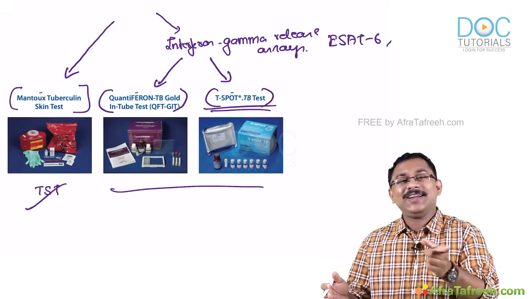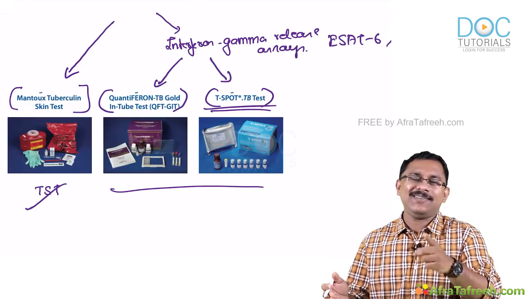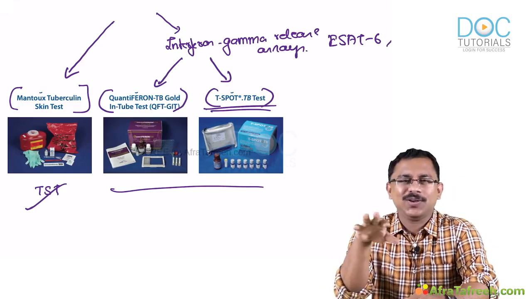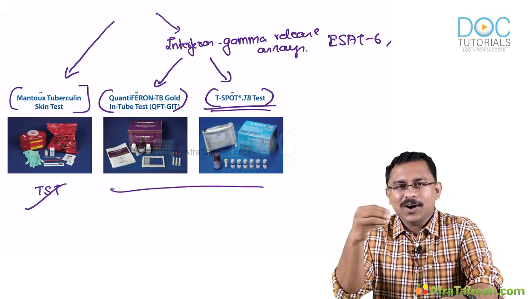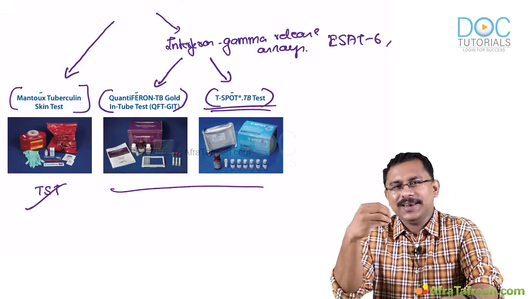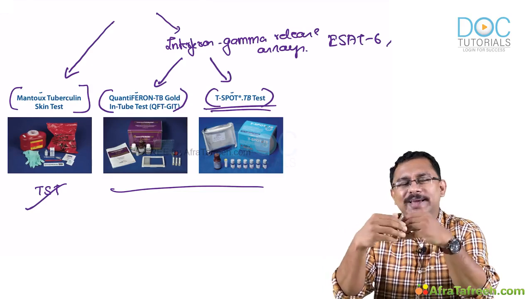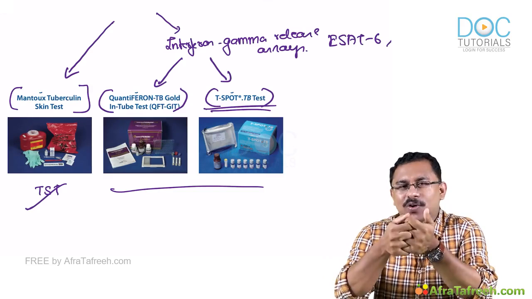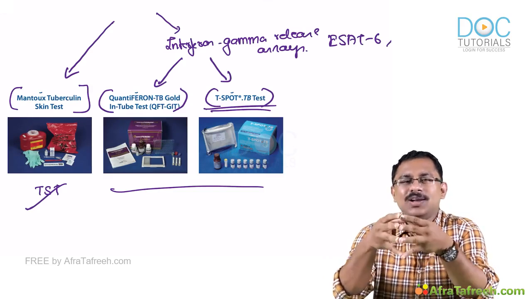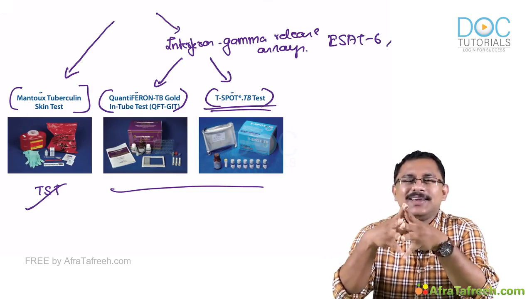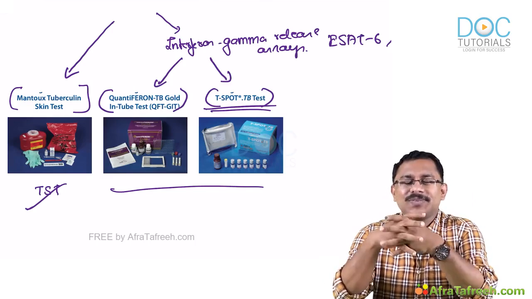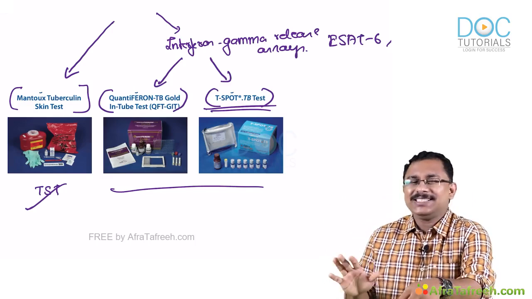Also, if you have a Manto test negative, does it say that there is no chance for tuberculosis in this patient? No, because the tuberculin test is based on the immune response of the individual. So if it is an immunocompromised individual, maybe an individual with a retroviral infection, he will not be able to mount a response and the test may be negative. So that is the issue with these tests.